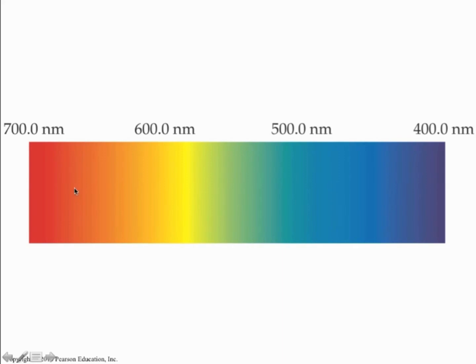And we see that the higher wavelength, lower frequency light, that's on the red end, and then the lower wavelength, higher frequency light is on the blue end. Well, let's kind of break it up into left side, middle side, and right side. You can see if you look at the middle that that's green. So middle is green, left is red, right is blue.